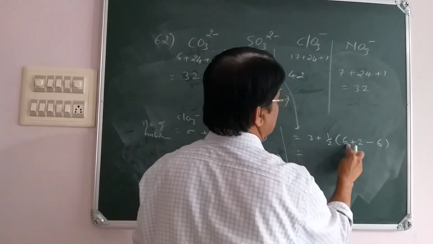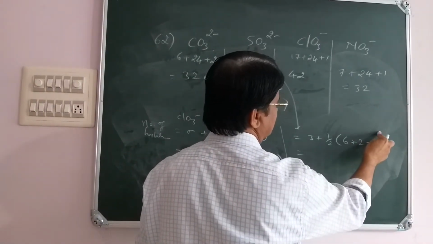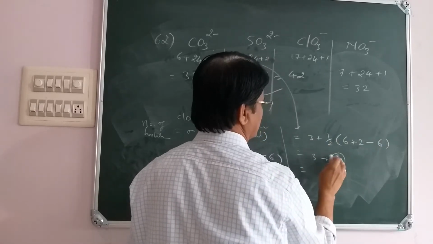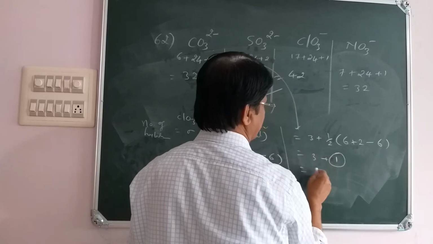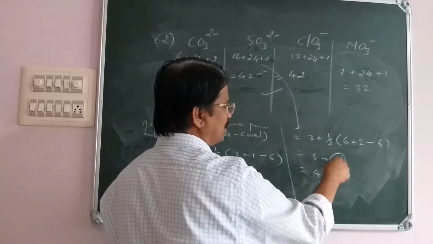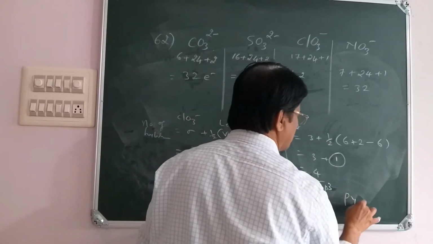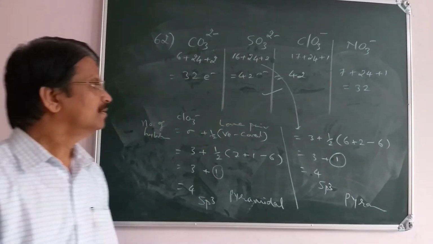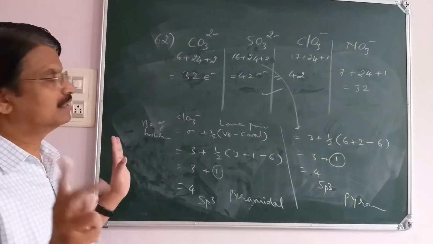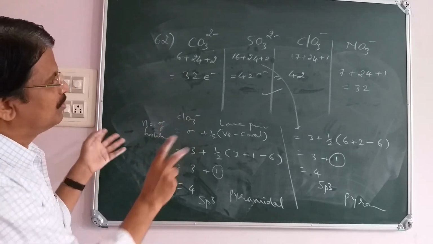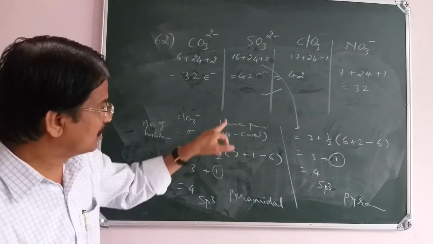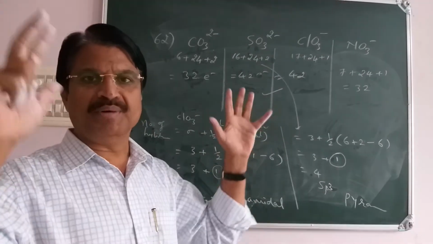Then 6 plus 2, 8. 8 minus 6, 2. 2 by 2, 1. 4, sp3. sp3 is correct, but one lone pair. Because of one lone pair, it is called pyramidal. Just to answer such questions, you should have knowledge about calculating the number of hybrid orbitals, and based on the hybrid orbital we can write the type of hybridization, and based on the lone pair we can decide the geometry of the molecule.